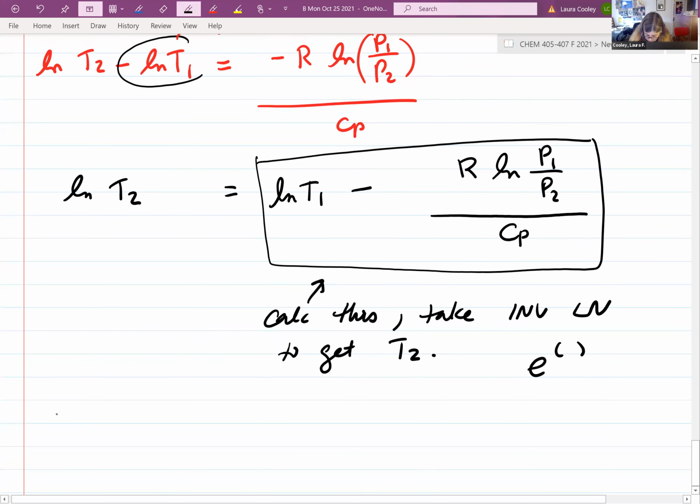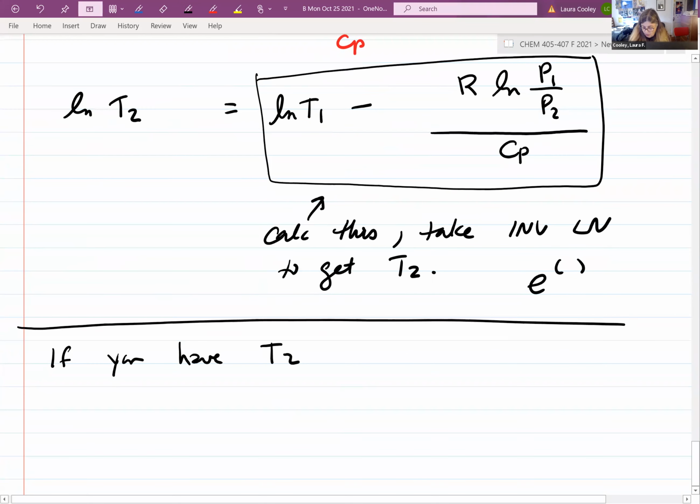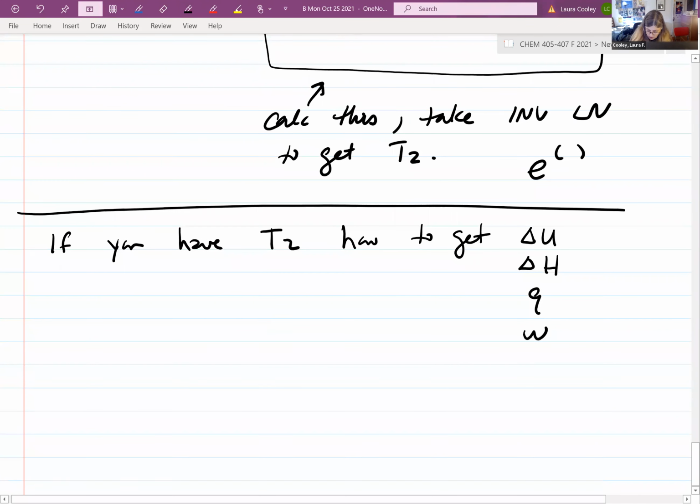Once you get T2, how do you get the rest? Delta U, even delta H, Q, W, right? It's so easy. Delta U is nCV delta T. Once you know delta T, that's just T2 minus T1. So you're presumably given T1, and you just calculated T2 from T1.